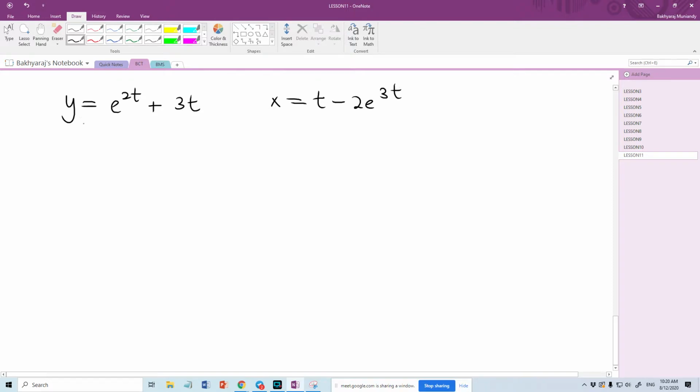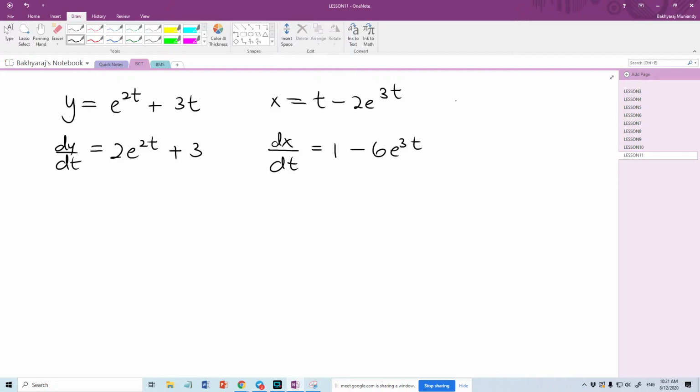Differentiate with respect to t, and dy over dt gives 2 exponent 2t plus 3, and dx over dt equals 1 minus 6 exponent 3t. This is our dy over dt and dx over dt.